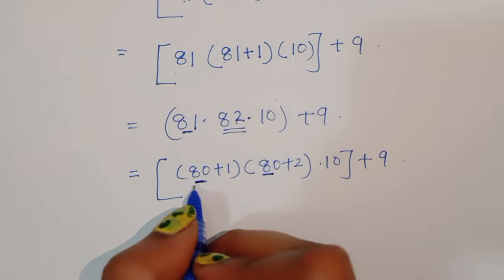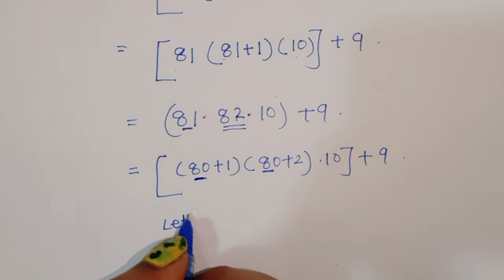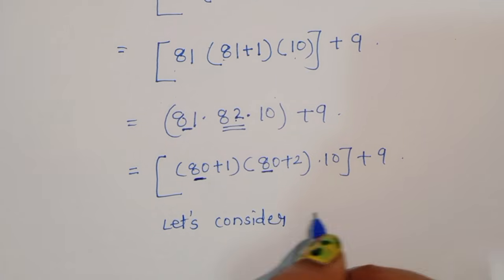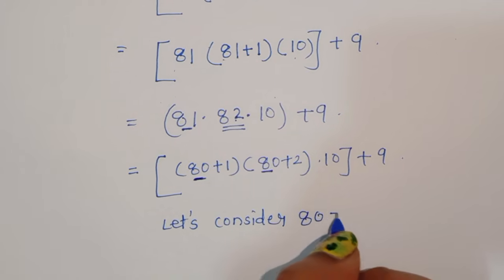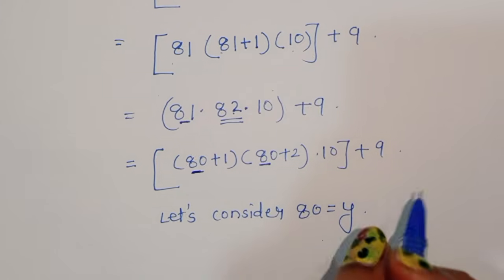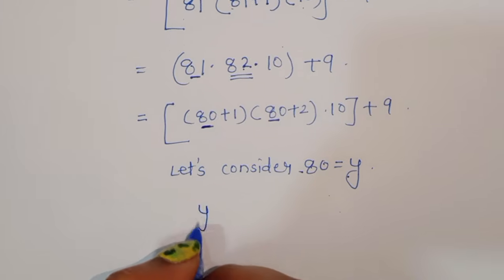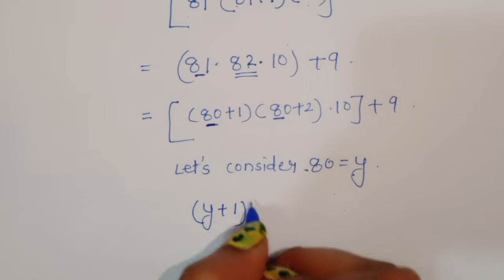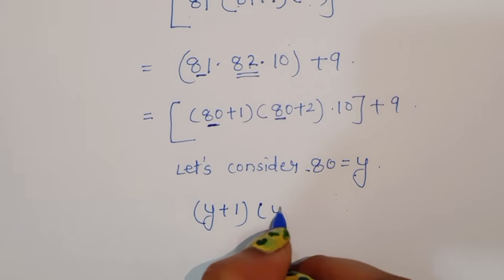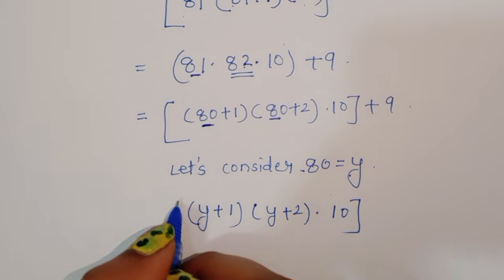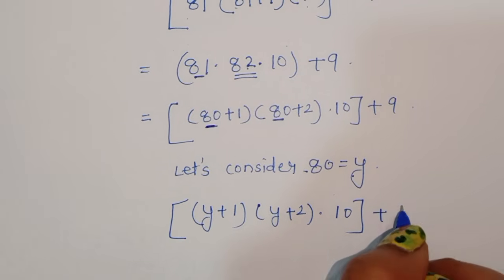Now 80 plus 1, 80 plus 2, so we can consider this 80 to be y. Considering 80 as y, we get y plus 1 times y plus 2, times 10 plus 9.